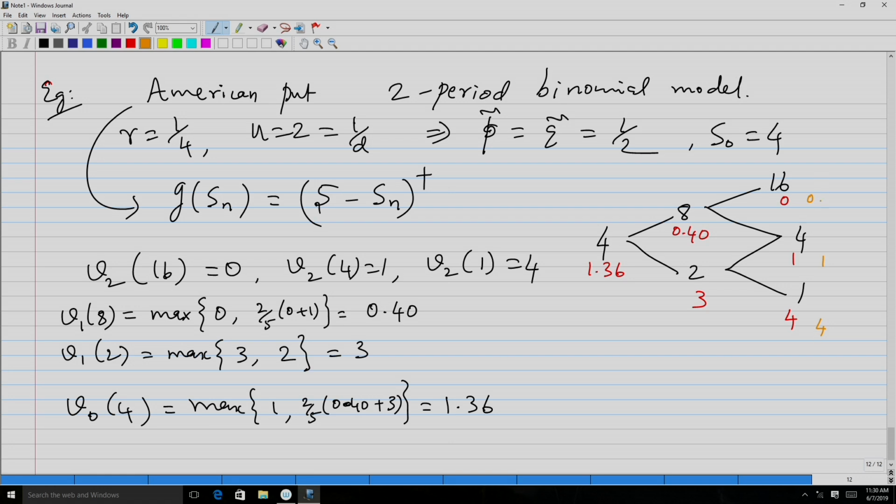Now, since I do not have the early exercise feature, wherever I wrote this function maximum of something comma something, I need to worry only about the second quantity, because the first quantity is not possible in the corresponding European case, right. If I look at V 1 at 8, the maximum is attained through the second quantity, so that is going to remain 0.40, there is no change.